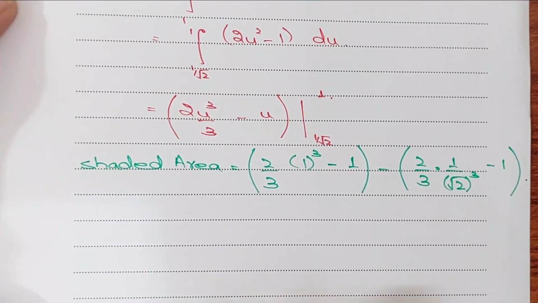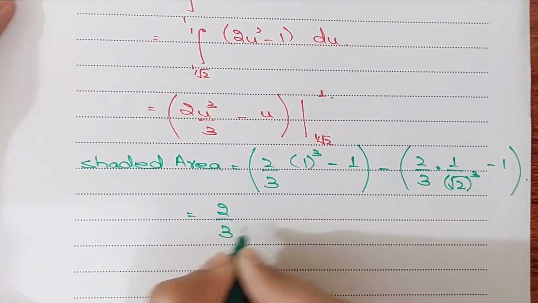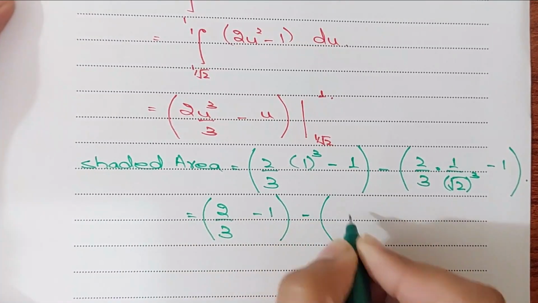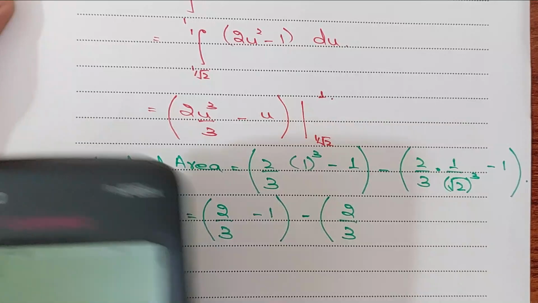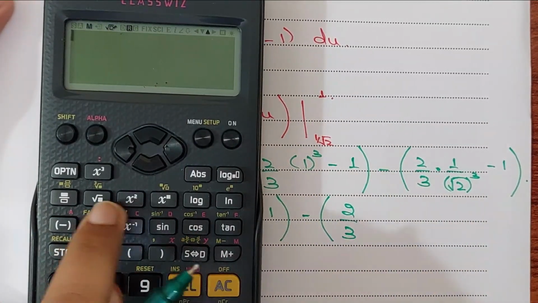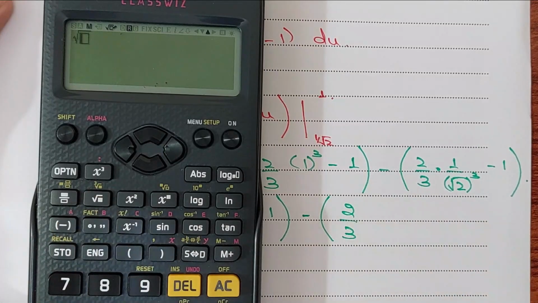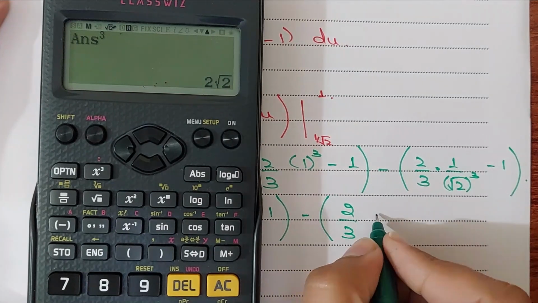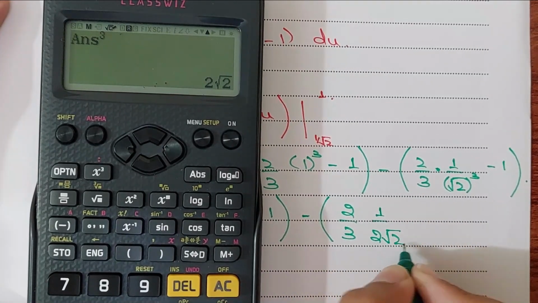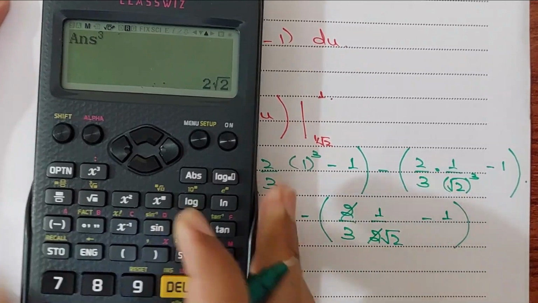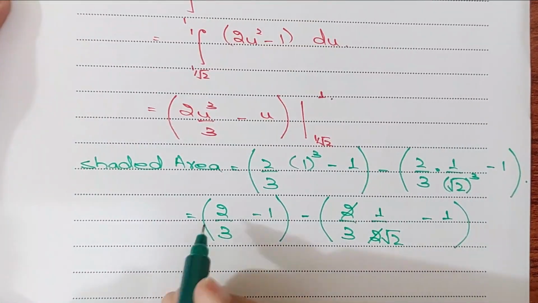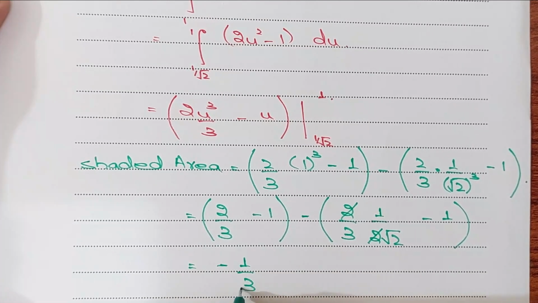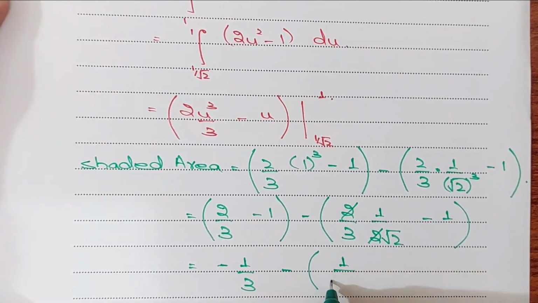Simplifying further, we have 2 by 3 minus 1 from the upper limit, minus 2 by 3 times 1 over 2 square root of 2, minus 1. The 2 is cancelled with this 2, and 2 by 3 minus 1 is minus 1 by 3.